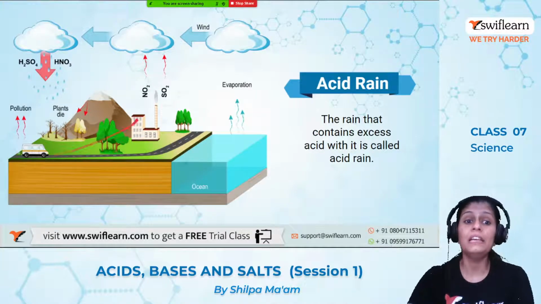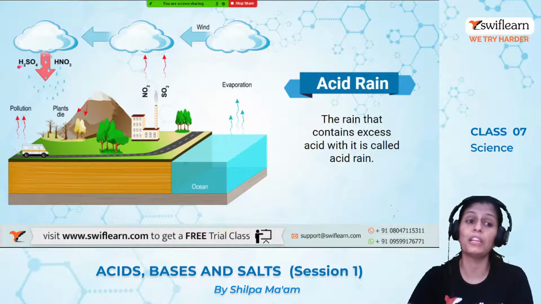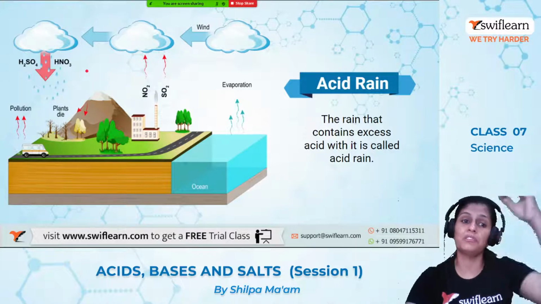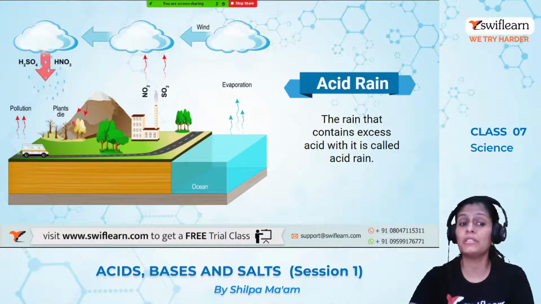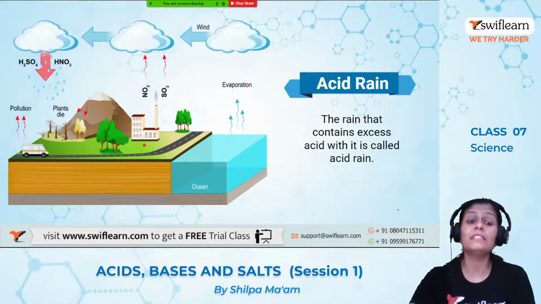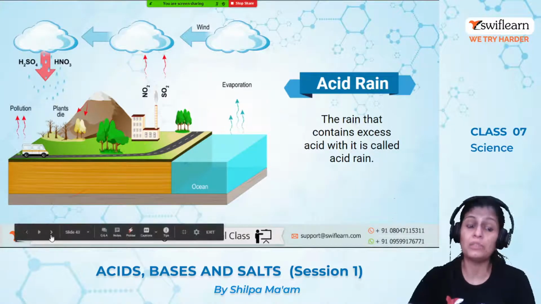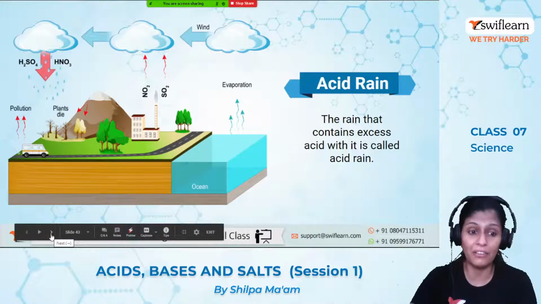All these gases are getting mixed with the water from the clouds, and they are forming sulfuric acid and nitric acid. And when this sulfuric and nitric acid falls down in the form of rain, what is it causing? It is causing damage to the plants and to the buildings. It is deteriorating them. It is affecting plant life, the buildings, and also aquatic life.